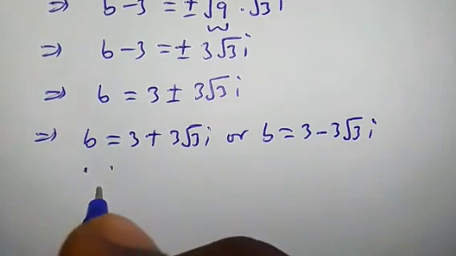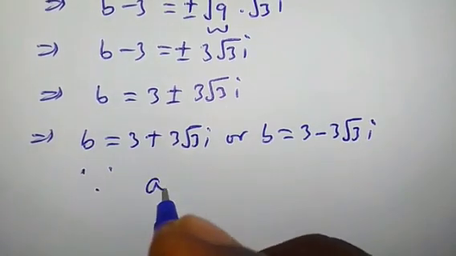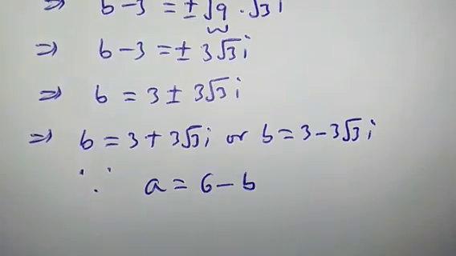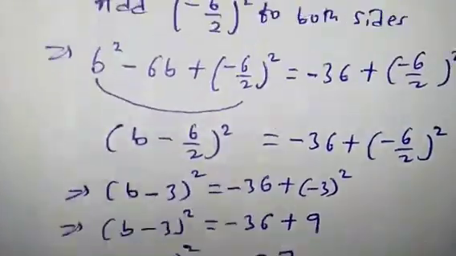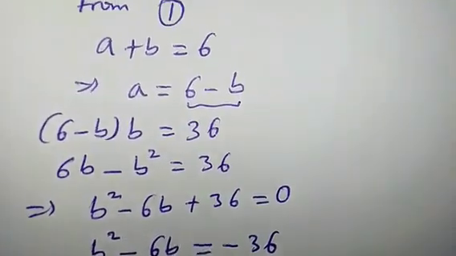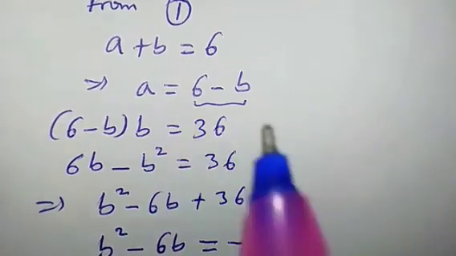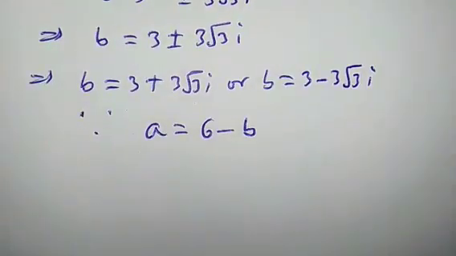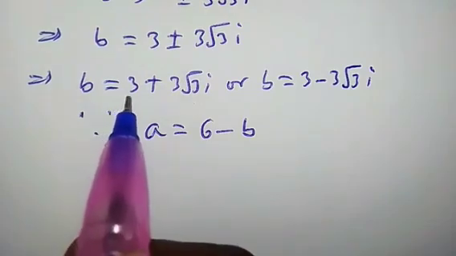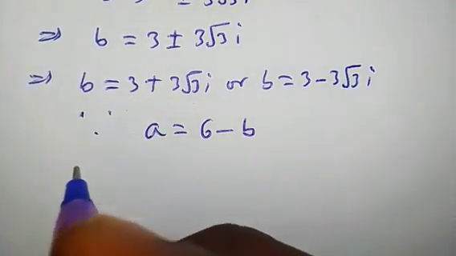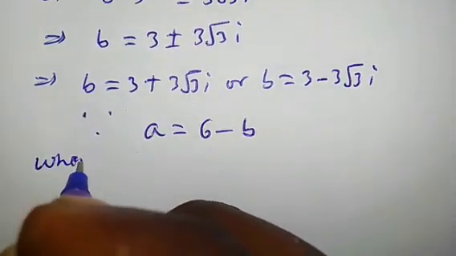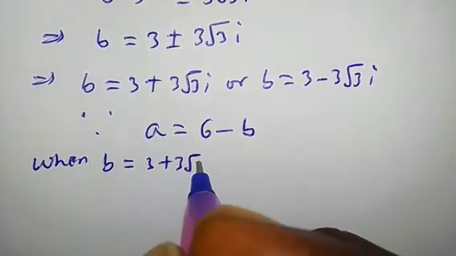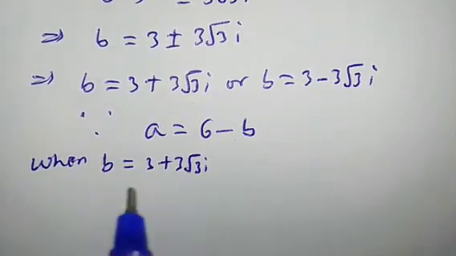We can then use these two values to obtain the value of a. Since a is equal to 6 minus b, let me show you where we got this from. It's from this line. We now have to consider each value of b. So consider this one first. When b is equal to 3 plus 3 root 3 i, we have to plug it here.